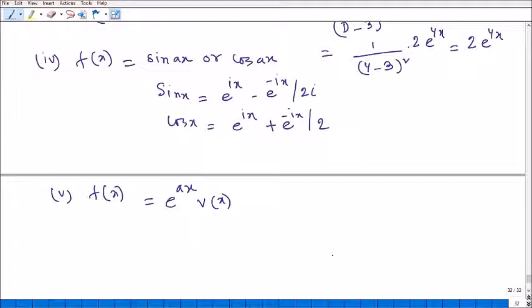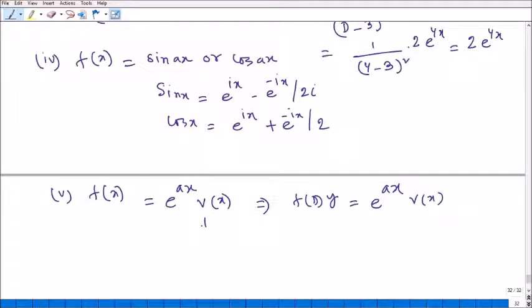For this type of function, let me first write the differential equation as 1 by f of D operating on y equal to e to the power ax v of x.